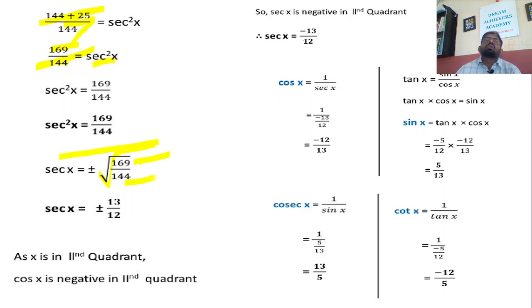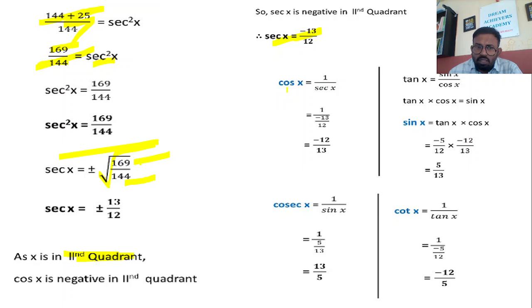Next, as it is in the second quadrant, this is important. In the second quadrant, secant x will be negative, because in the second quadrant sine and cosecant are positive. So I can take only the negative value. That's why I have taken minus 13 by 12.